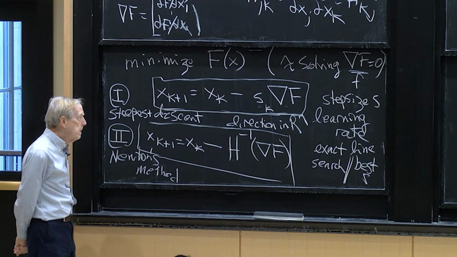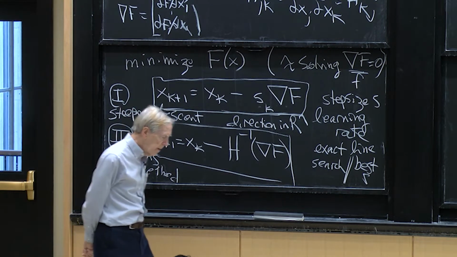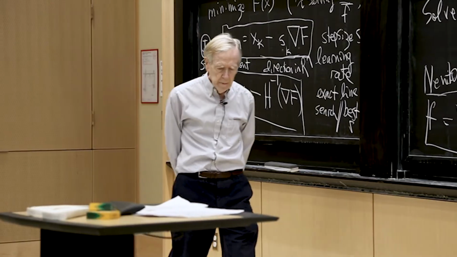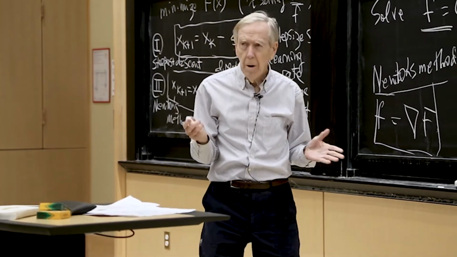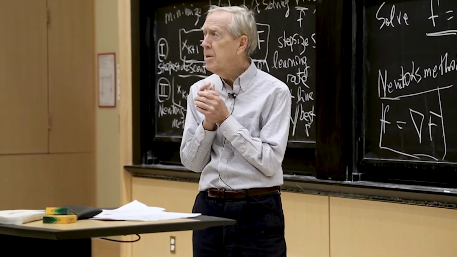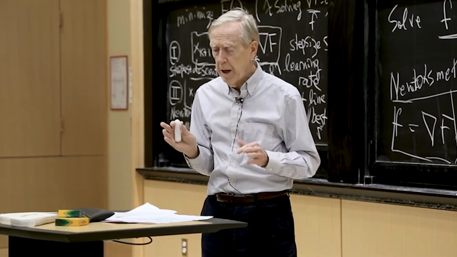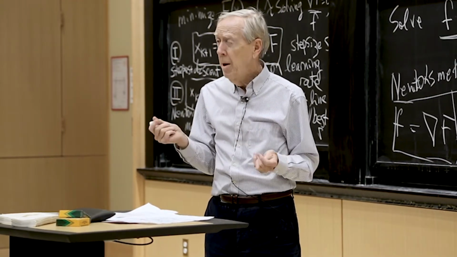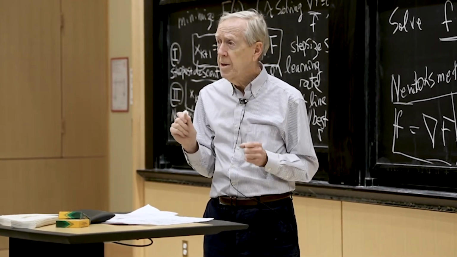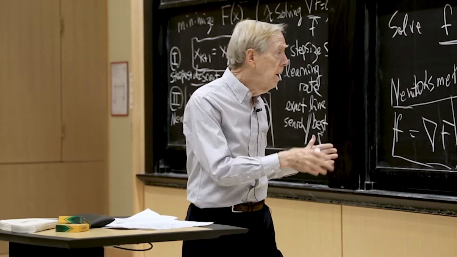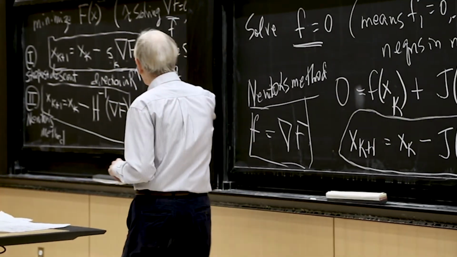Okay. So now we have to think about problems. And I guess the message here is that our starting point has to be convexity. Convexity is the key word for these problems.